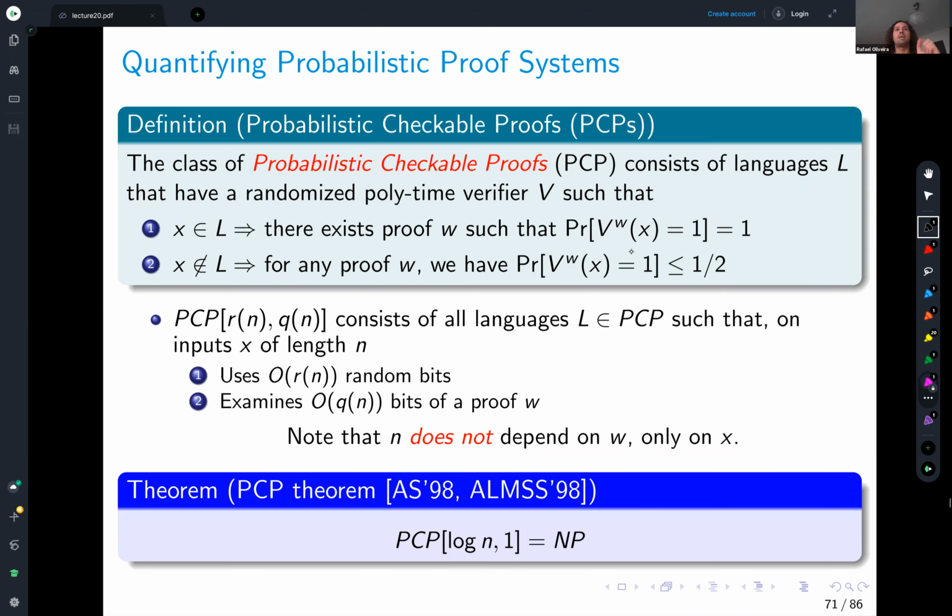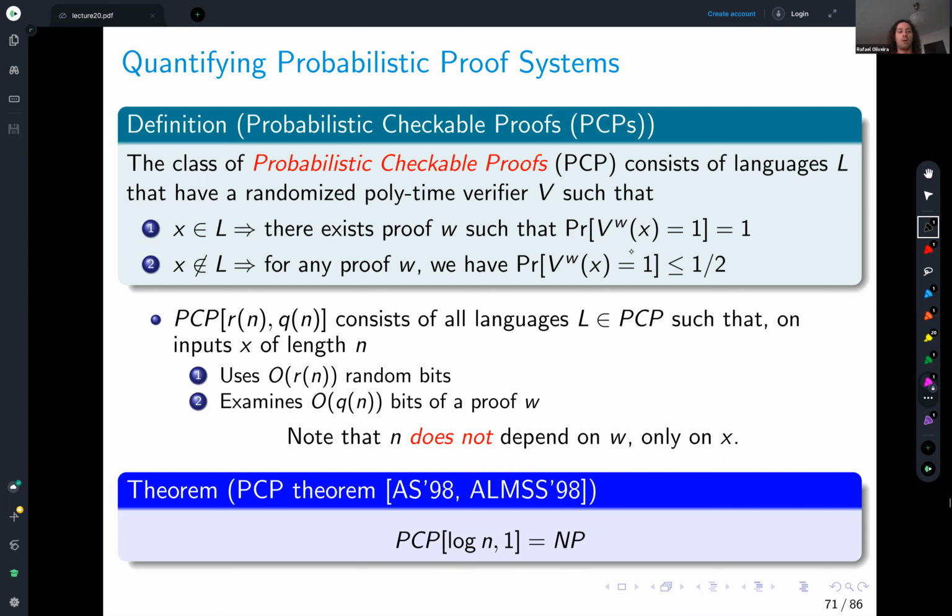I only need to see constantly many bits of the proof to be able to tell with high probability if the proof is correct or not. And this is really impressive, because if someone gives you such a proof that is valid for PCP, you don't even need to look at the entire proof. You look at like 3 bits of the proof and you're able to tell with high probability that this proof is correct. So this is kind of fantastic.